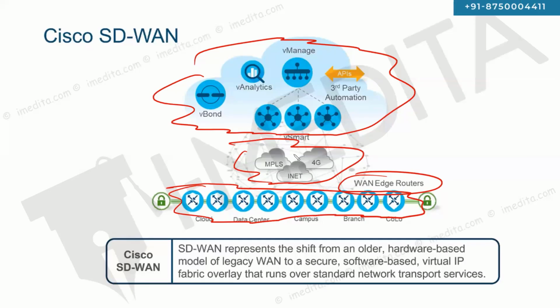But with SD-WAN, you have the option of MPLS, the internet, or 4G. Using the internet or 4G, wouldn't that bring some security challenges? Yes, it would bring some security challenges, right?